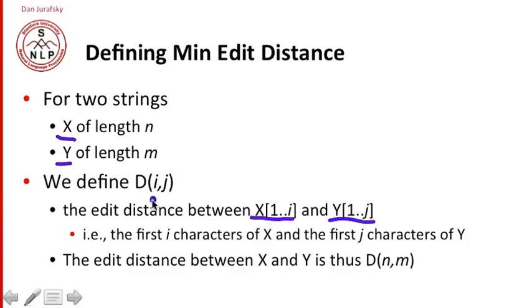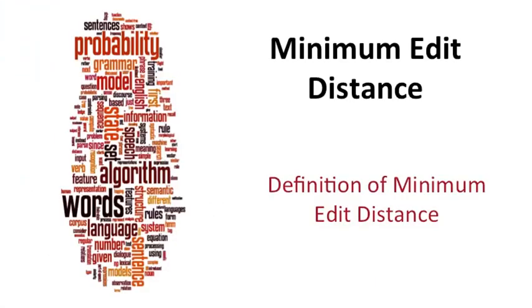So that's what's defined by D of i,j. And so the distance between the entire two strings is going to be D of n,m, because the strings are of length n and m. So that's our definition of minimum edit distance.